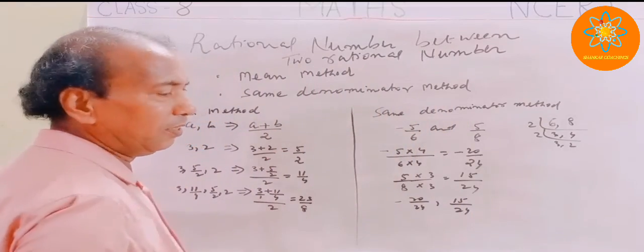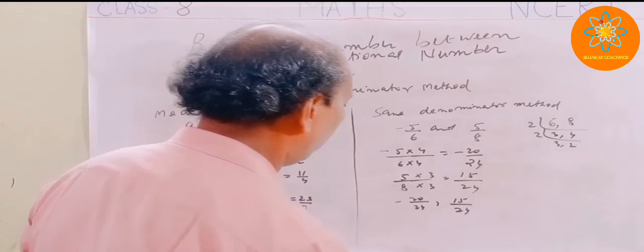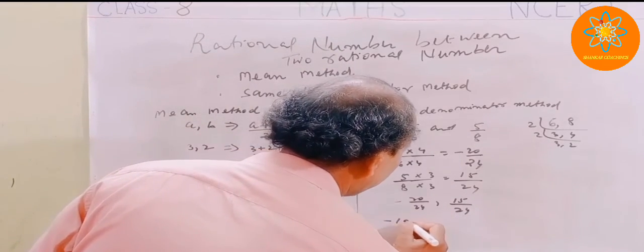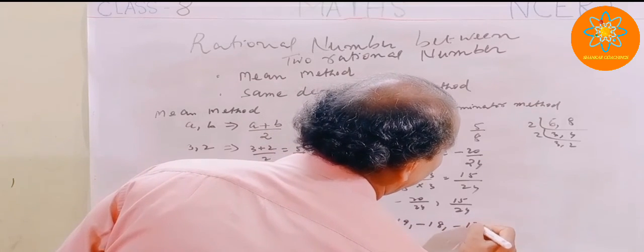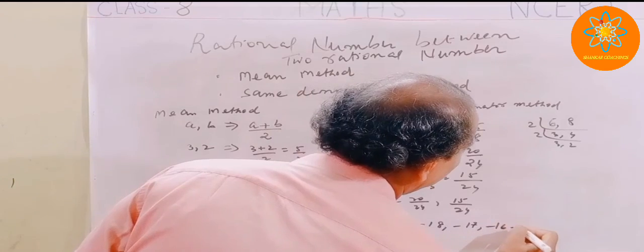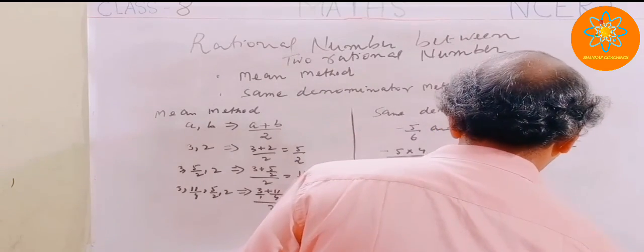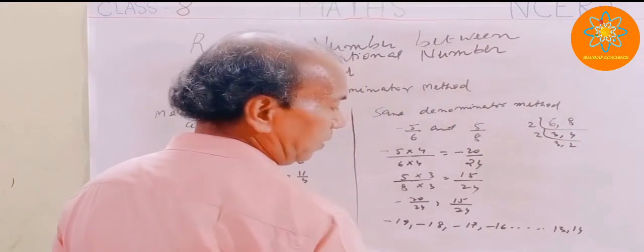Now it's very easy to find the rational numbers in between these two. That is nothing but minus 19, minus 18, minus 17, minus 16 and so on, up to 13, 14 like this.